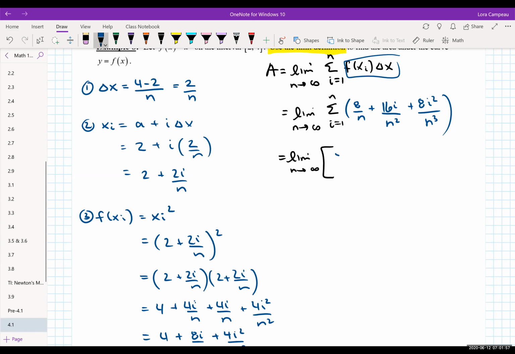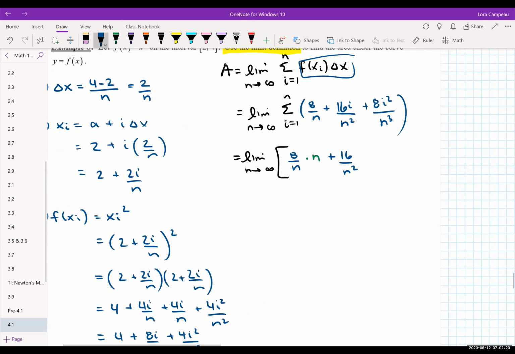8 over n. Now that would give me the summation of a constant. So summation of a constant is constant times n, 1 times n is n. Now I can factor out 16 over n squared. I have summation of i. Summation of i is n times n plus 1 over 2.